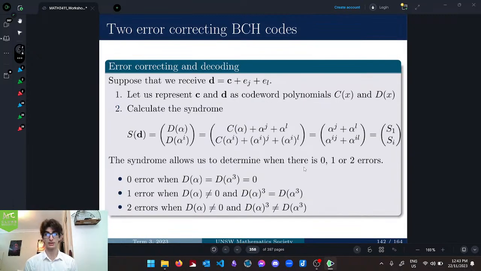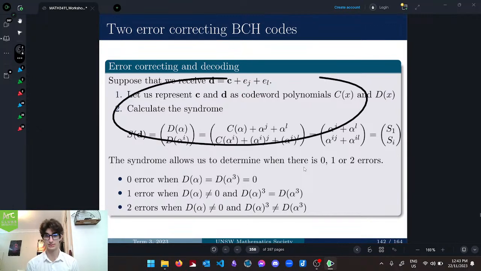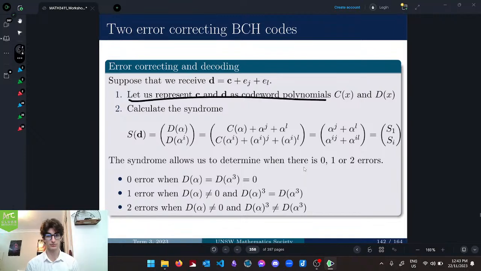For error correcting and decoding, we'll go through the steps. Suppose that we receive D, which is C, our actual proper code word, plus 2 errors. We're likely going to assume here that J and L are different, but we'll have a look. So let us represent C and D as their code word polynomials.